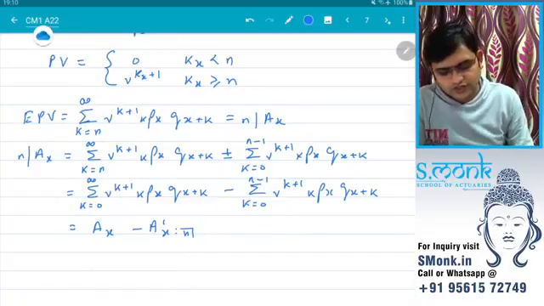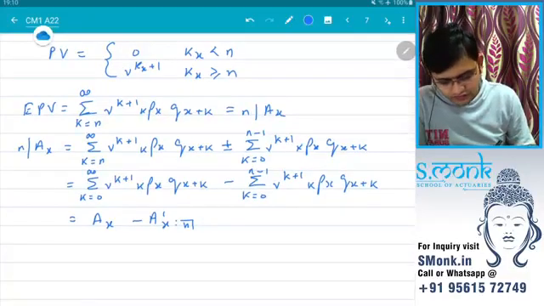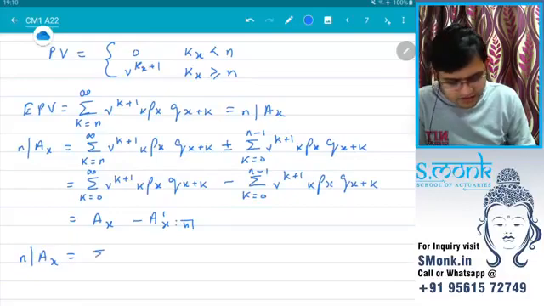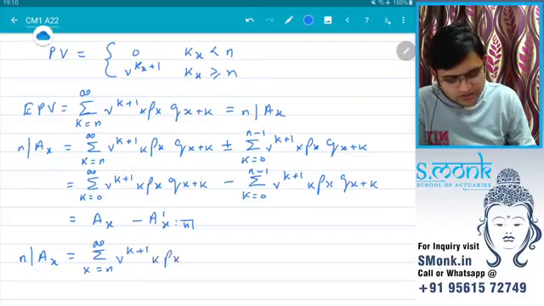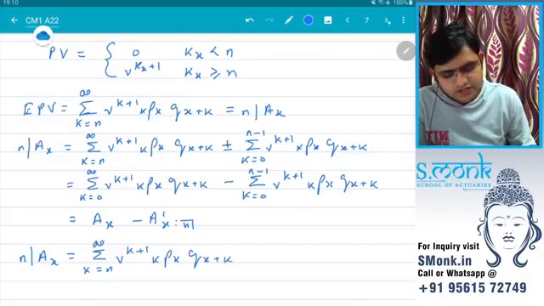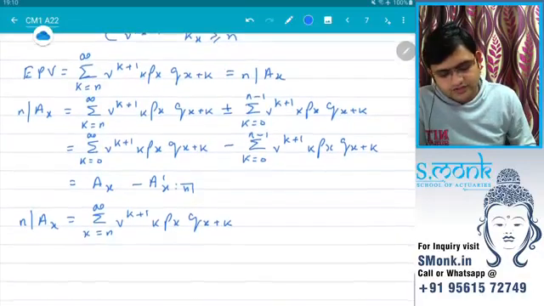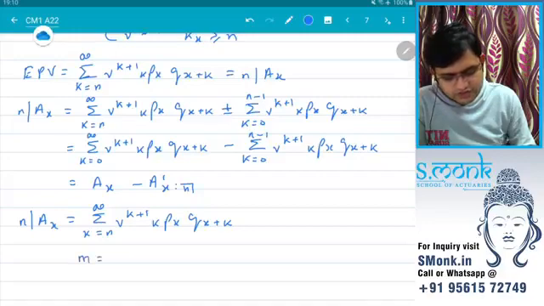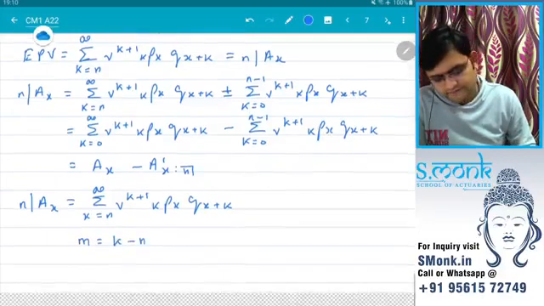If you want to prove the other one, you can just take this summation k going from n to infinity v raised to k plus 1 kpx qx plus k. We did this for proving a term assurance. We'll say m is equal to k minus n.